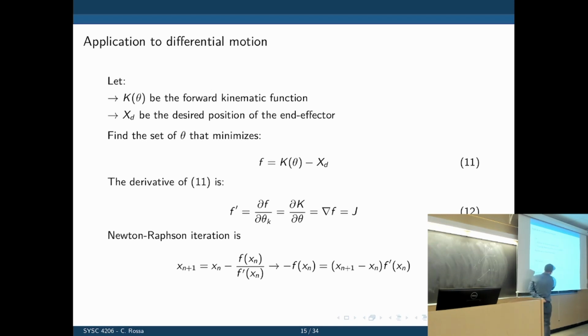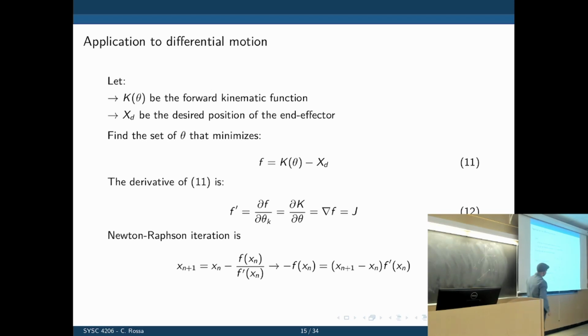Just rearranging the function. Now if you look at this function and rewrite it as a function of the robot control problem, what changes? What is minus f of xn? The negative of the original function, which is the cost function, that is k of theta minus xd.